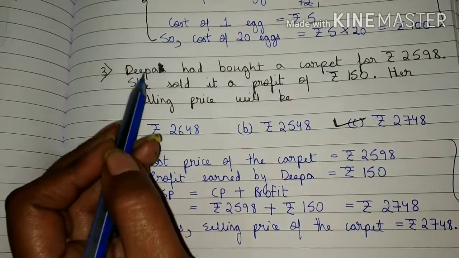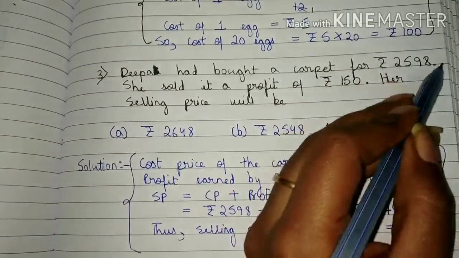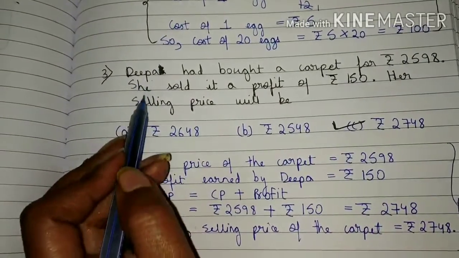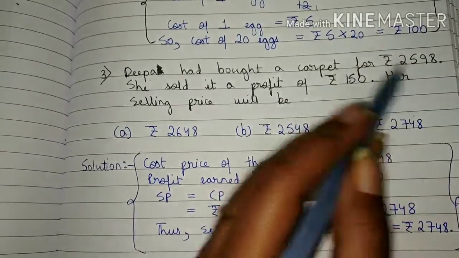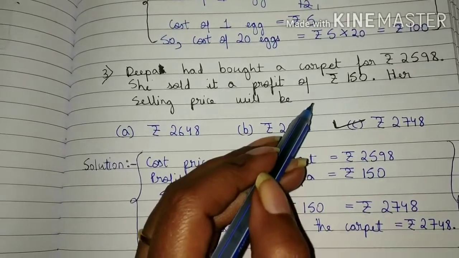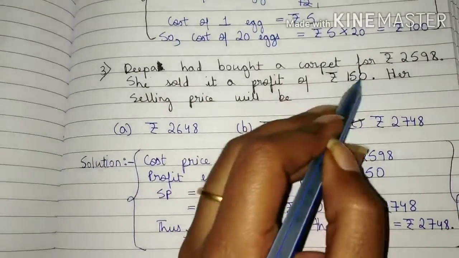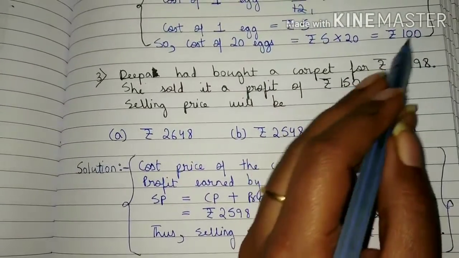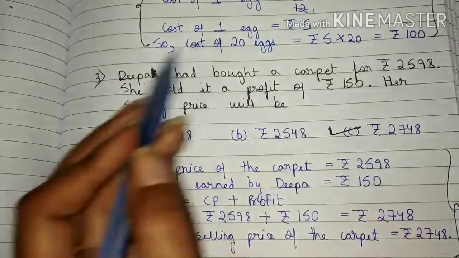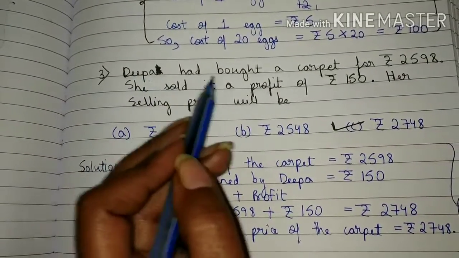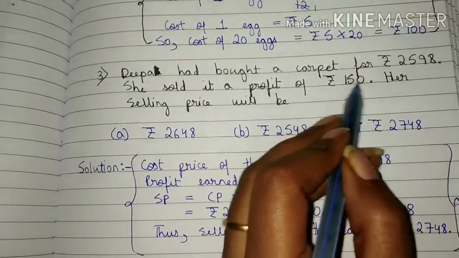Deepa had bought a carpet for rupees 2598. She sold it at a profit of rupees 150. Her selling price will be what? Deepa had purchased a carpet for rupees 2598, and after buying the carpet, Deepa sold the same carpet and earned a profit of rupees 150.